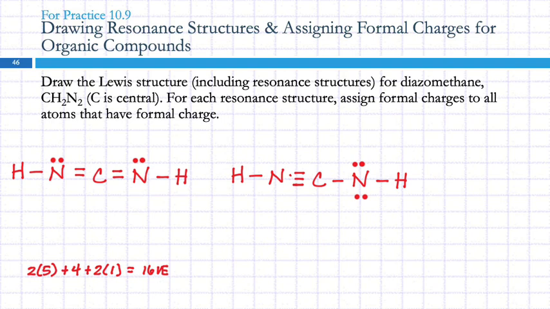I just moved things. I just moved electrons. Still have the same number of electrons, still an octet, right? What else could we do? This nitrogen says, well, why do I only have a single bond? And that nitrogen gets a triple bond, right?